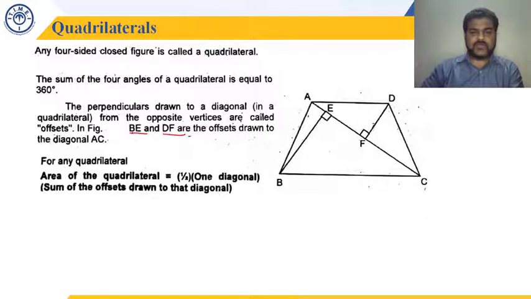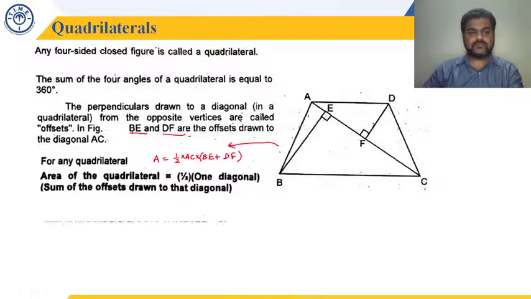For example, in this figure, the area will be equal to half of the length of the diagonal AC into the sum of the length of the offsets, which are BE and DF. So half into any one diagonal into the sum of the offsets drawn to that diagonal gives you the area of a quadrilateral.